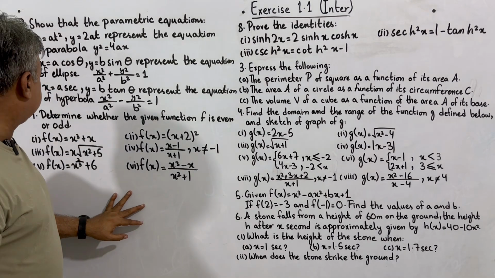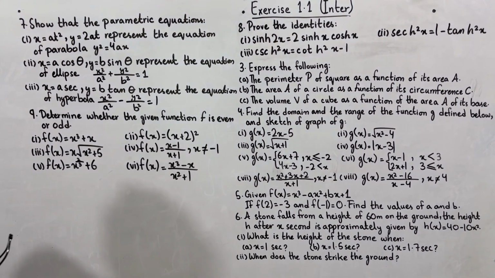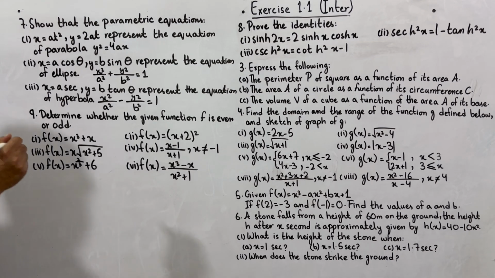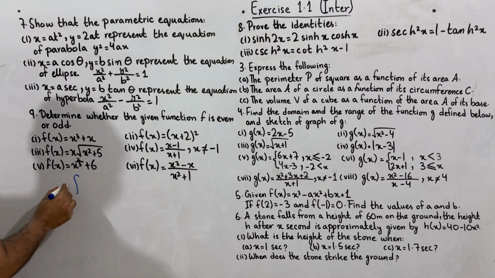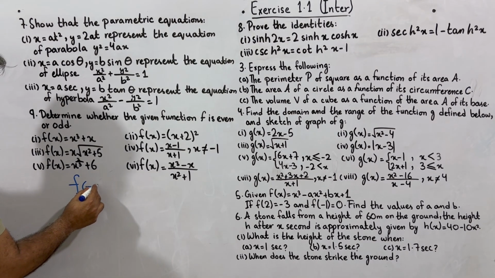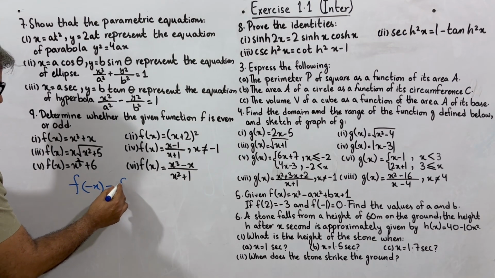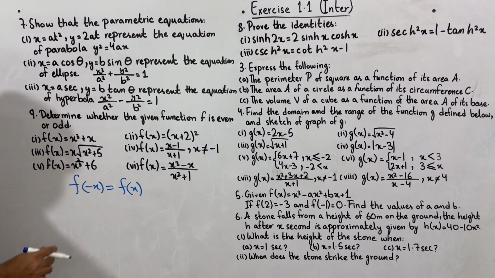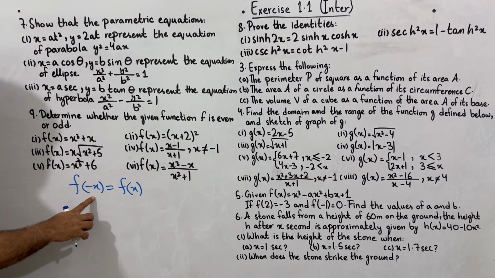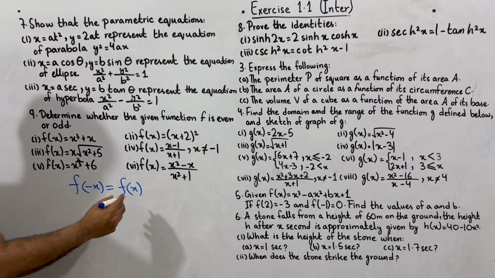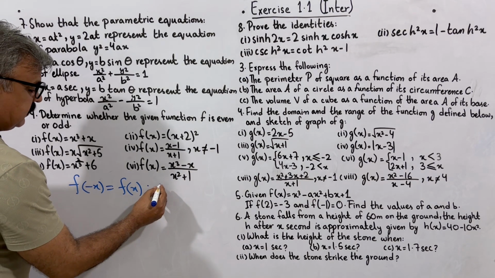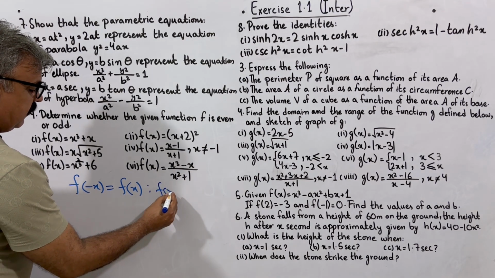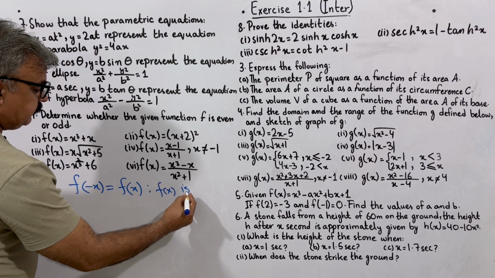So we are going to start from question number 9. Decide whether the function is even or odd. Even or odd, it's simple terminology. Just replace x by minus x in a function, and if the function is unaltered, no change, then this is the definition of even. f of x is even.